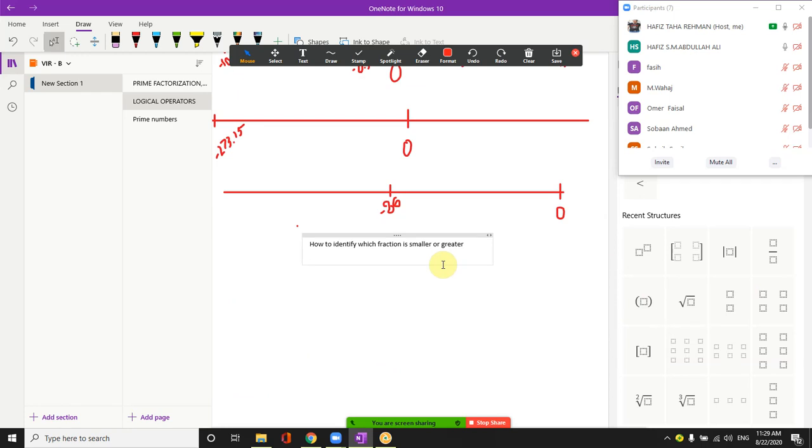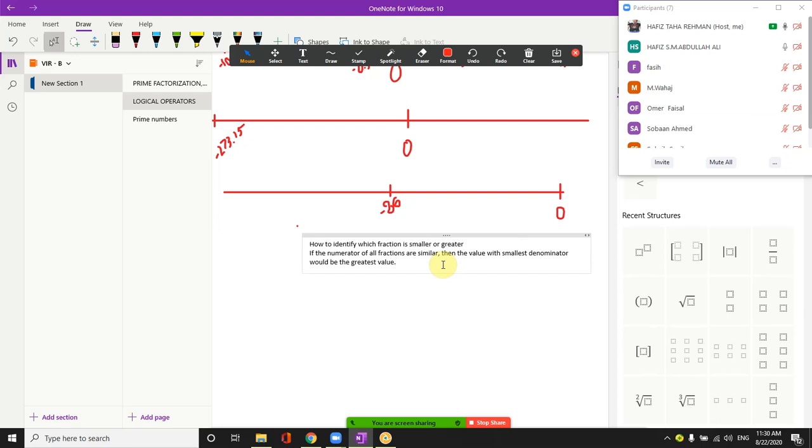So, how to identify which fraction is smaller? Point number 1: if the numerator of all fractions is similar, then the value with the smallest denominator would be the greatest one. Let me tell you again.